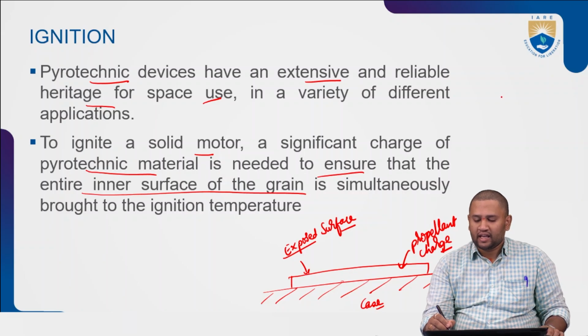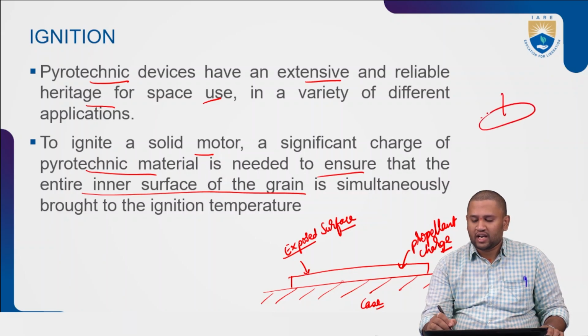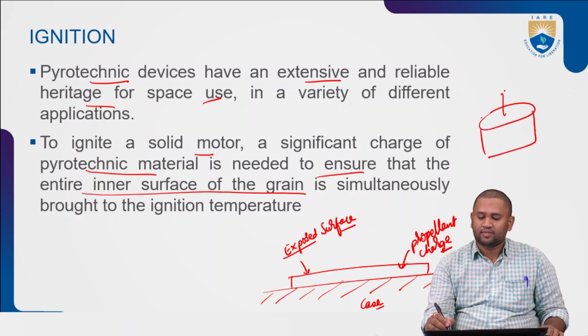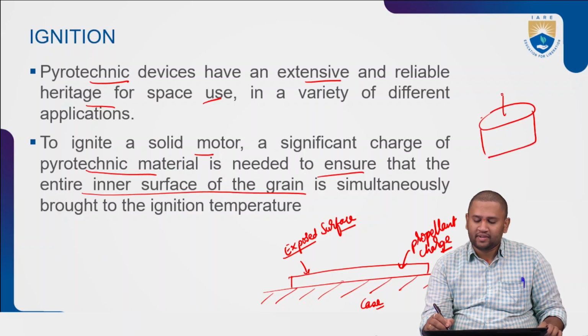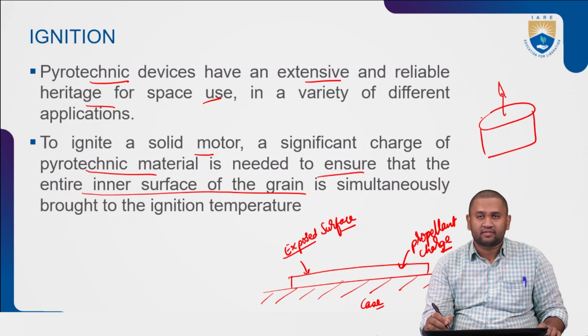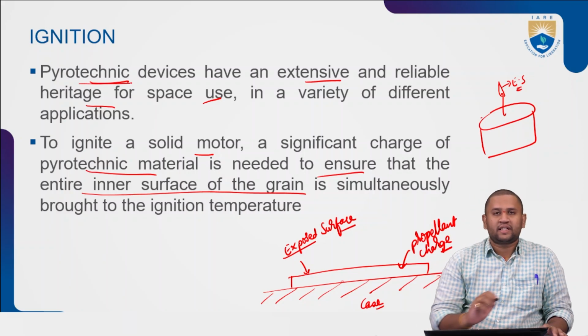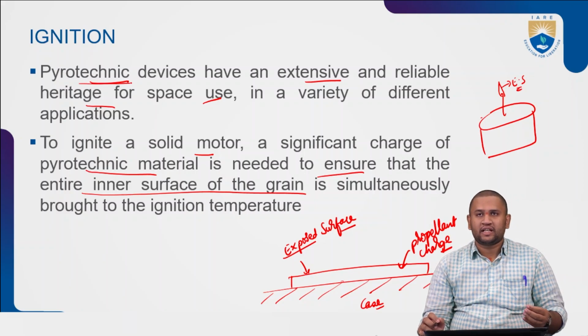It is similar to a wick inside an oil lamp. In order to have some flame, we will be igniting it initially through an external source. The external source in our case is nothing but my pyrotechnic device. Now, what does a pyrotechnic device have?